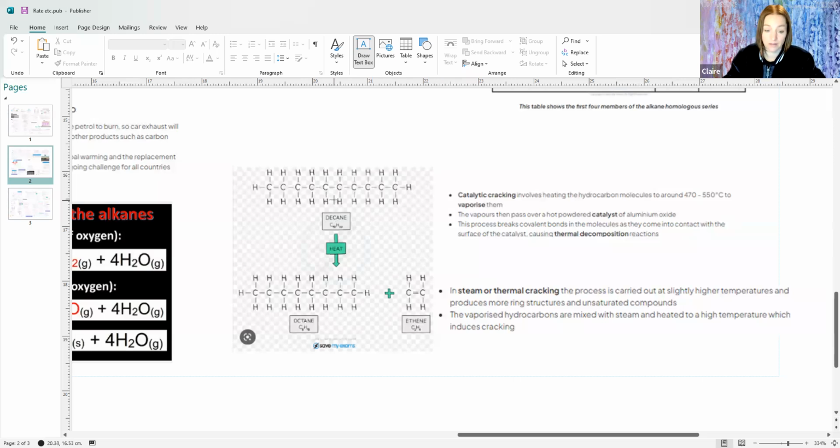So think of it as a balanced equation. That's catalytic cracking and steam or thermal cracking. The main point is that we have demand for smaller fractions of crude oil, so that's why cracking is needed.